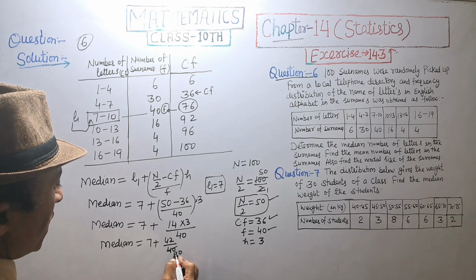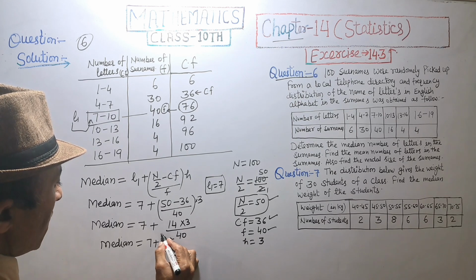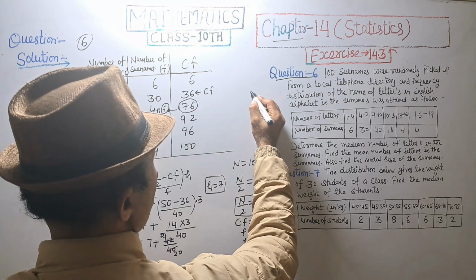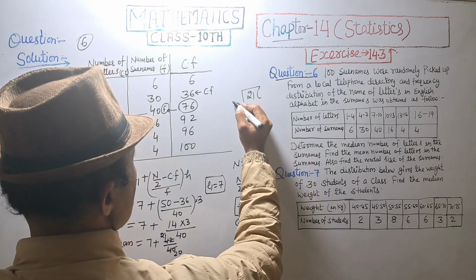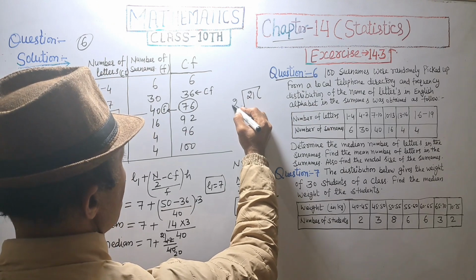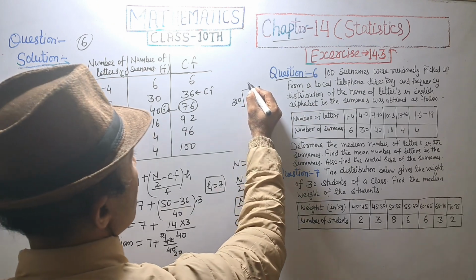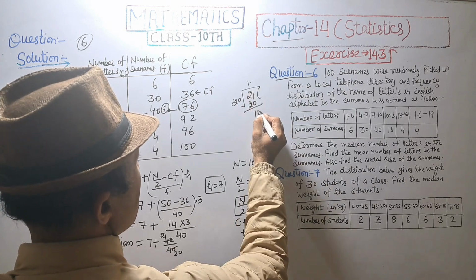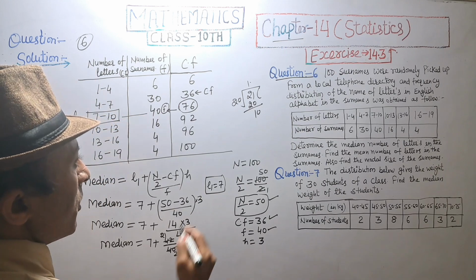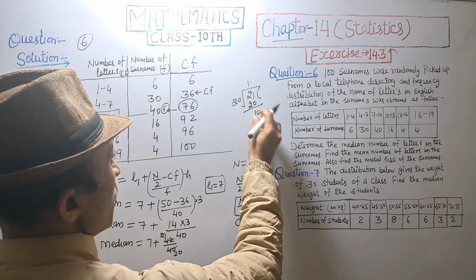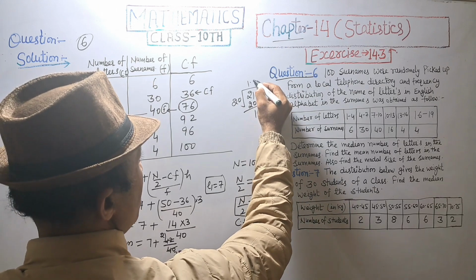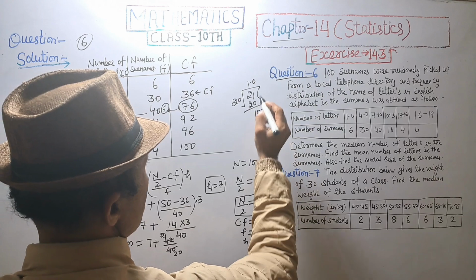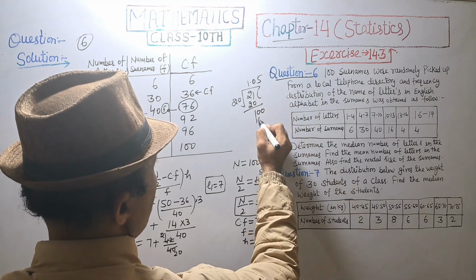Dividing by 2, 21 2s are 42, and 20 2s are 40, so we get 21 upon 20, which is 1.05.